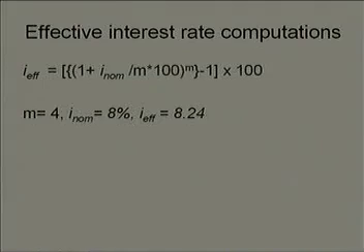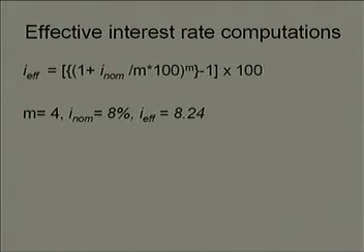Depending on the value of M, if you remember the expression of I effective, I will just open it for you. This is the expression I gave you in the second class.